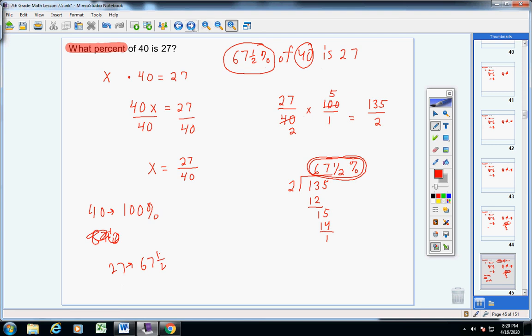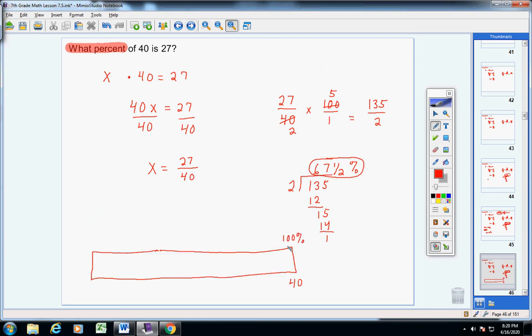So let's get a picture of this. There, my 100% is 40. So let's cut that in half, and I would have 50% is 20, right? Half of 100, half of 40. Now, let's cut this rectangle here in half. Oh, sorry, we're going to go this direction. My bad, guys. Do you know why? Because look at the percentage you're dealing with.